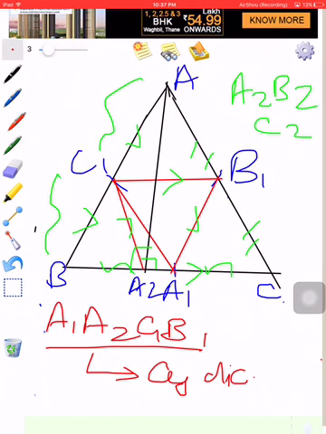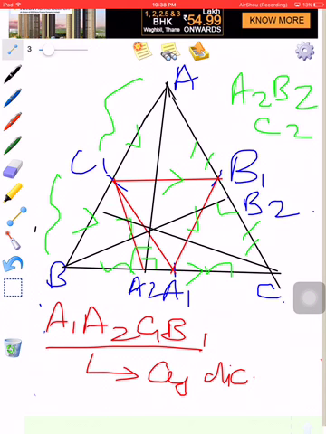Cool. On the same lines, I'll take a point B2, that is, I'll drop a perpendicular from B onto this side, right here. And this is 90 degrees. So I get a point here which is B2. Now I take another line from C. I know they're concurrent, so they'll meet at one point.